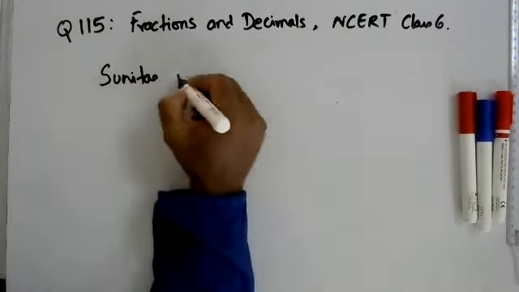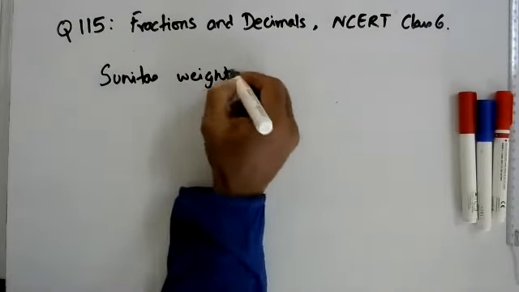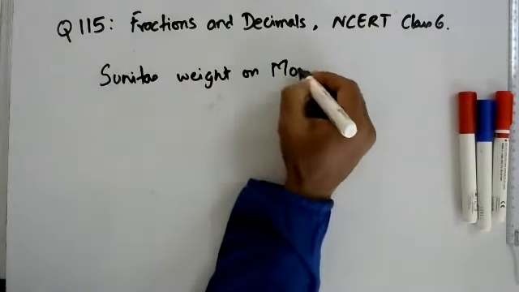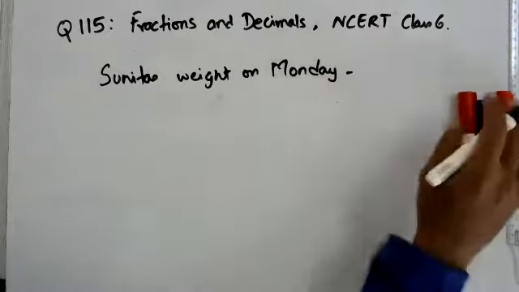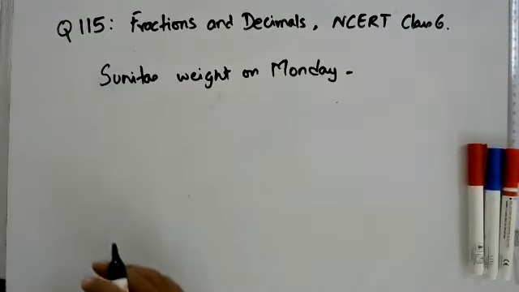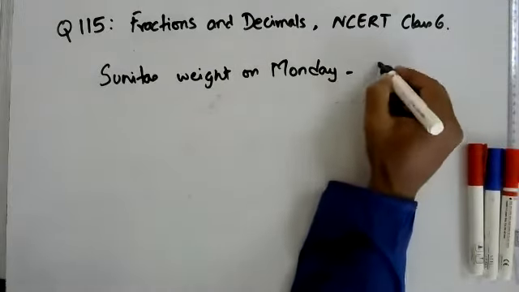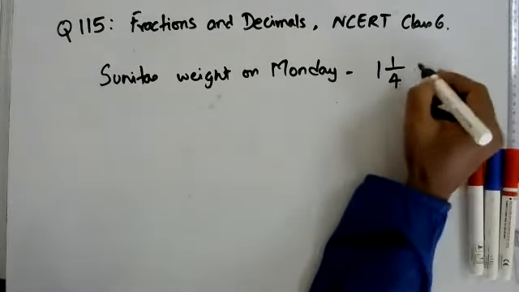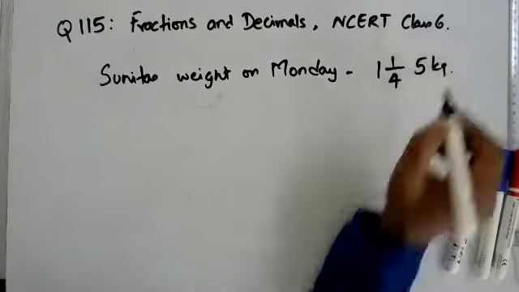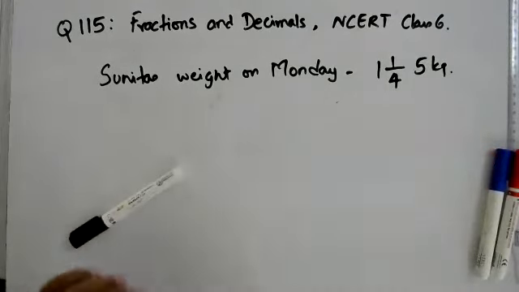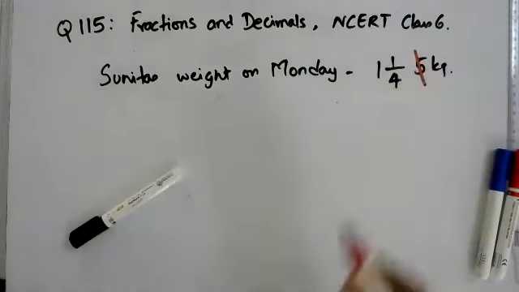Sunita's weight on Monday showed that she had put on 1 and 1 by 4, 5 kg. What we figured out was that this 5 kg part was wrong. Actually, it's a misprint. It shouldn't be there.